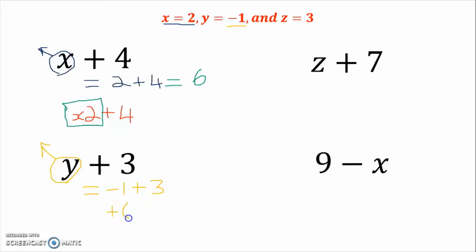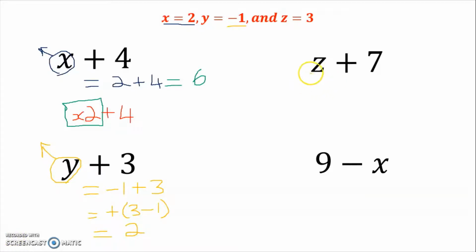You subtract the smaller from the larger: 3 take away 1 equals 2. So your answer is positive 2.